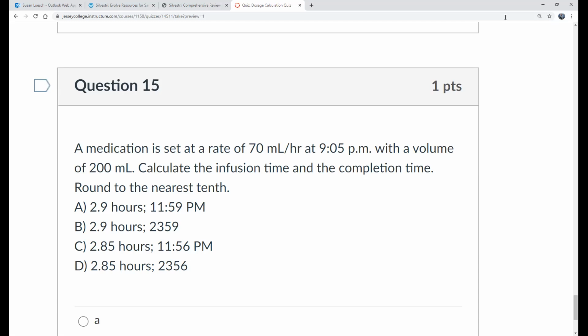Okay, so what's your total volume here? 200, right? And you know it's going at 70 mLs an hour. So if you take your 200 and divide it by 70, that will tell you how many hours it's going to take for your infusion to run.